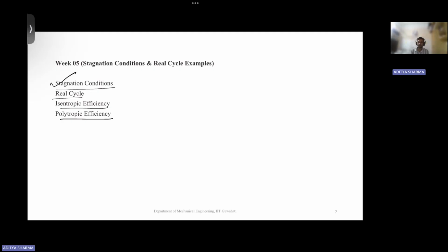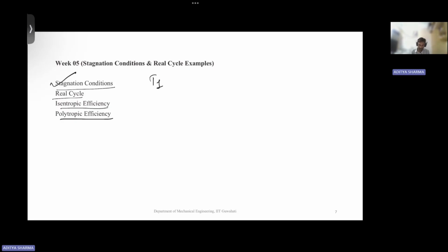But in reality, this velocity is also there with the flow. Okay. So this has to be considered in your enthalpy. Right. So in that case, your stagnation conditions we need.